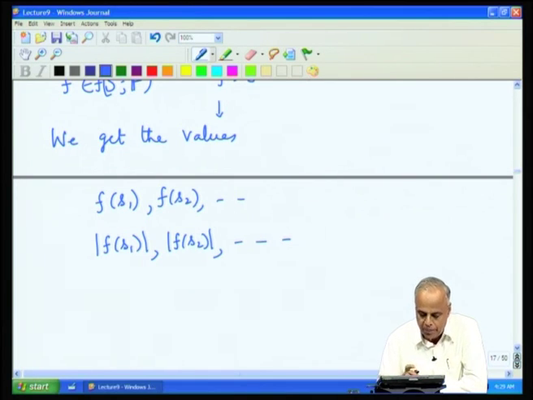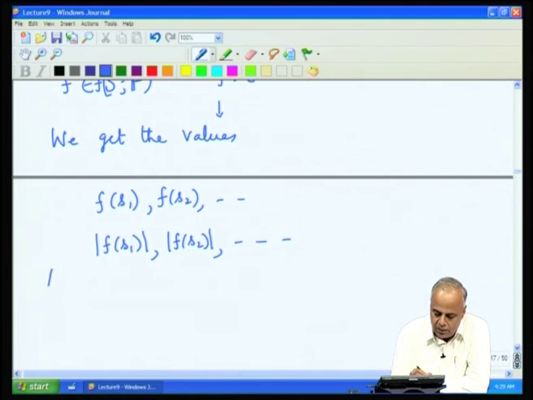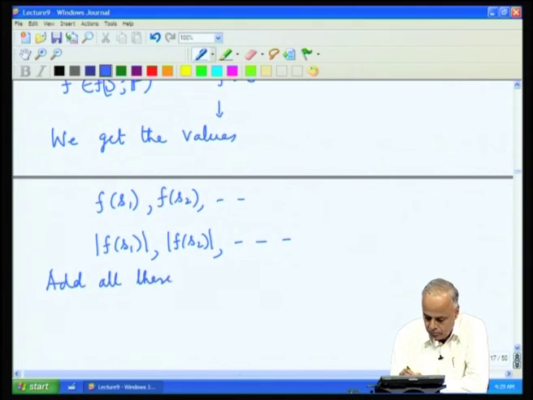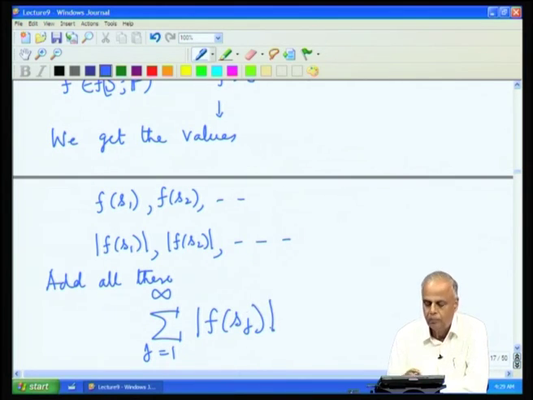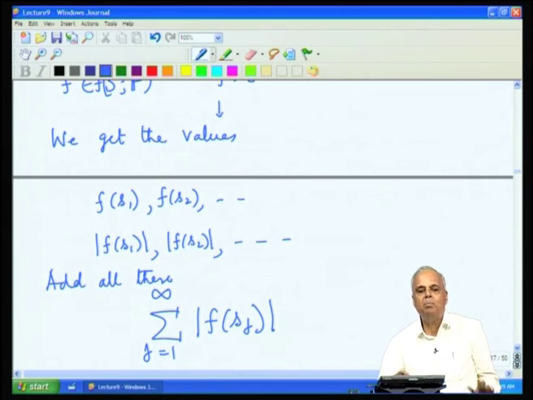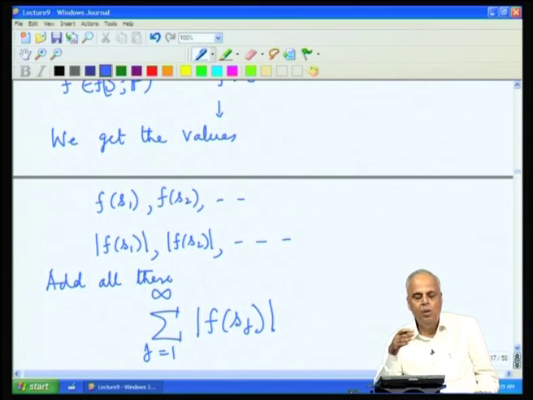Now, let us add all this. We get summation j equal to 1 to infinity of mod f(sj). Now, this sum may be finite or infinite, because we have now an infinite series of non-negative terms.